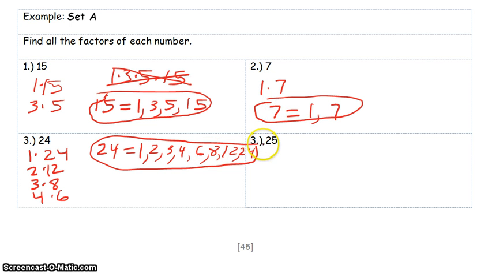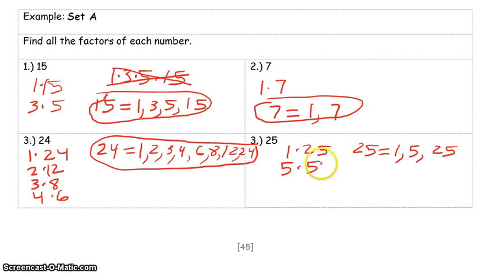Okay, now we come to number 3. The factors of 25 are 1 and 25 and 5 and 5. There are no other natural factors of 25. So our final answer here is 25 is equal to 1, comma, 5, comma, 25. Now if you notice, we didn't write 5 twice.